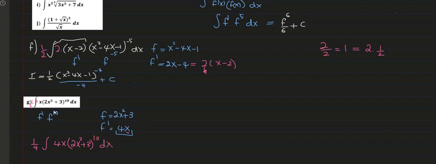Now we have a function power 10 multiplied by the derivative of the function. This integration can be solved directly. The 1/4 will drop, and we can now apply the integration rule, which says take the bracket as it is, update the power, and divide by the new power. Don't forget plus c.